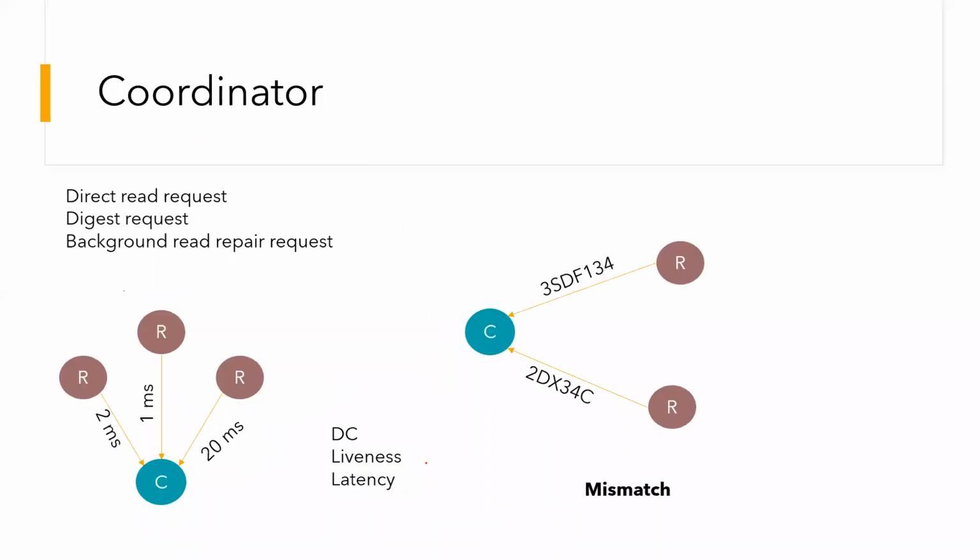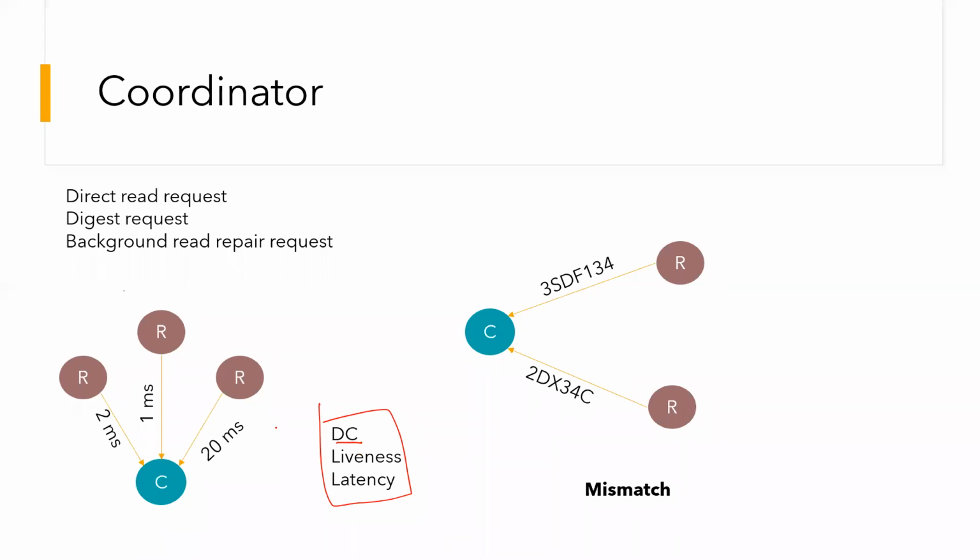Okay, now coming to the coordinator node, there are a few things we are talking about: read repair and latency awareness. Basically, the coordinator has a few factors to consider on how to serve and whom to request. It will be aware of the data center on which it is requesting.